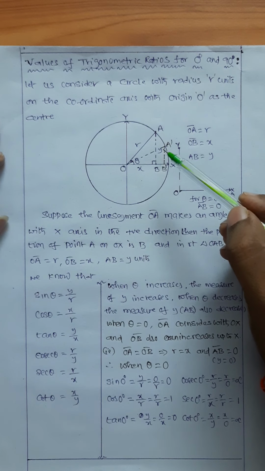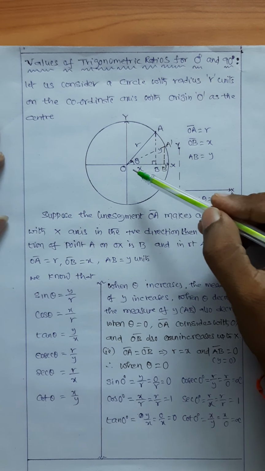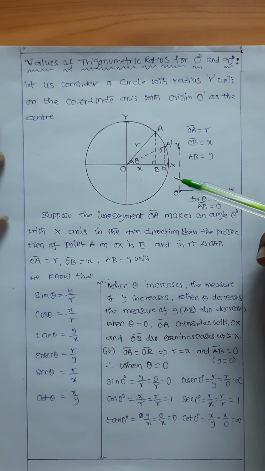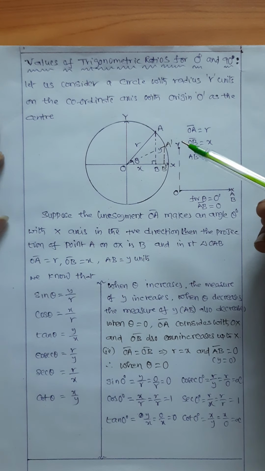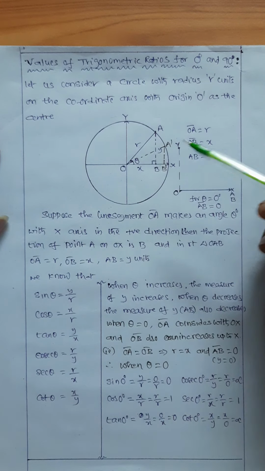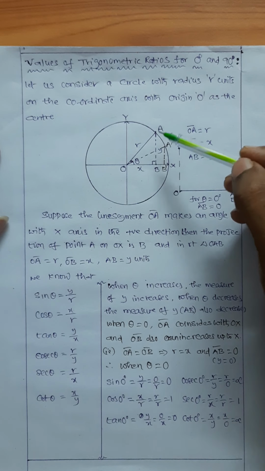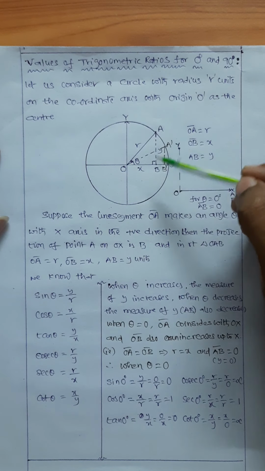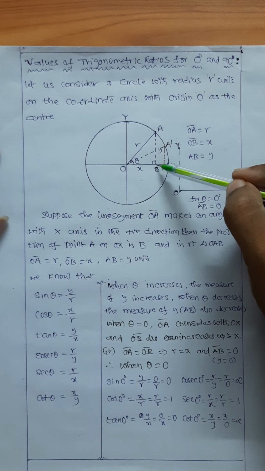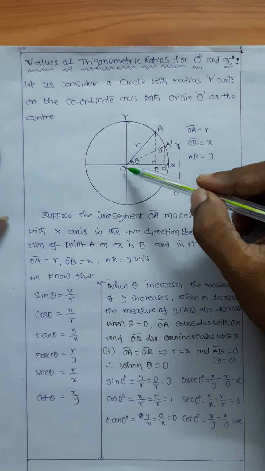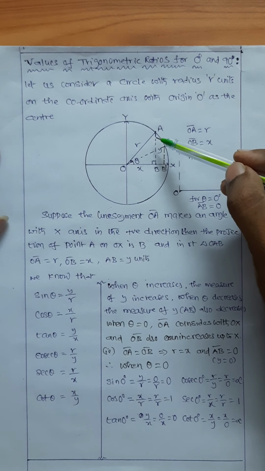Consider a circle with radius r units on the coordinate axis like this. If a line segment OA makes an angle theta degrees with the x-axis in the positive direction, the projection of A on the x-axis is point B. When you join AB, we can observe a right angle triangle OBA.